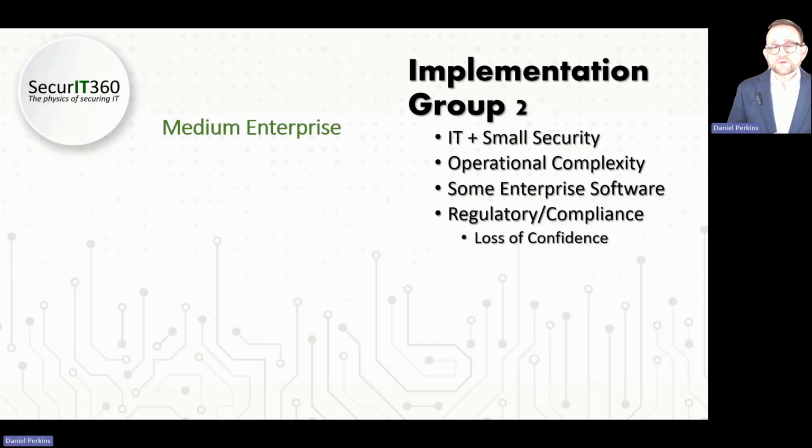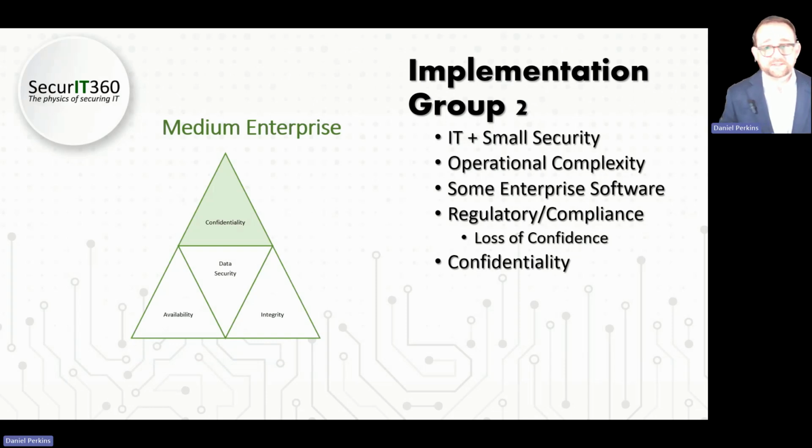The focus here is really moving towards getting that regulatory and compliance satisfaction, meeting all those controls, because we're worried about loss of confidence from our customers and clients, making sure that they feel that they can entrust us with their data, that they can trust that we're going to take care of all the information they provide to us and use it appropriately. So here we're focusing now on the confidentiality of the data security triad, right? We've already got availability covered in group 1. As we're moving into group 2, we're focused on managing the confidentiality of our data.